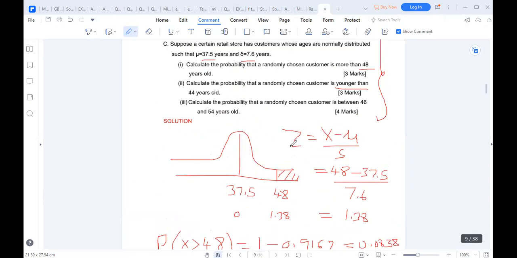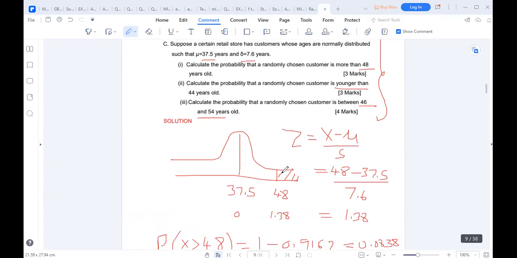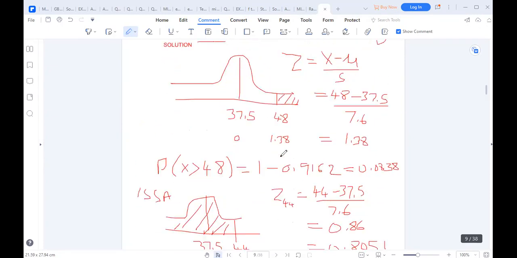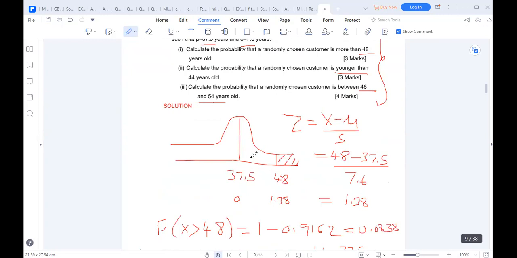And finally, between 46 and 54. Our mean is what? That's 7.5.